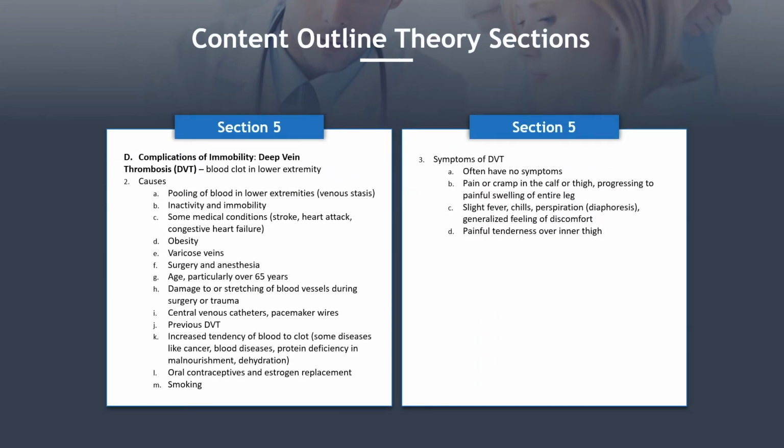Causes: pooling of blood in lower extremities, venous stasis, inactivity and immobility.